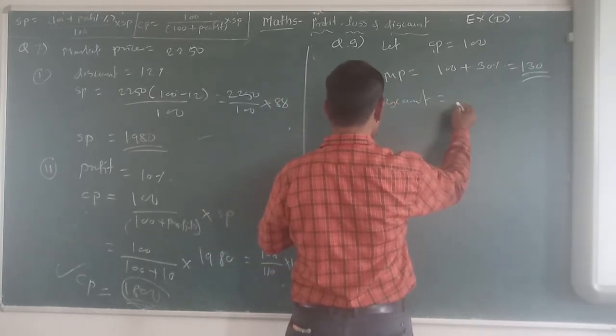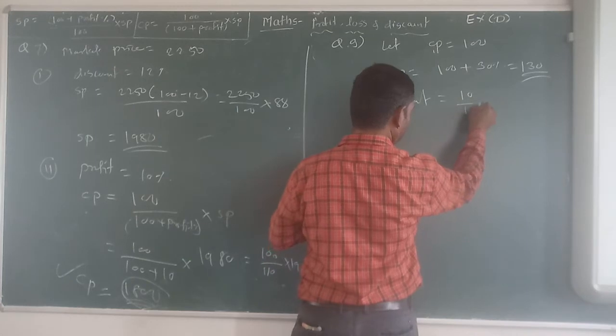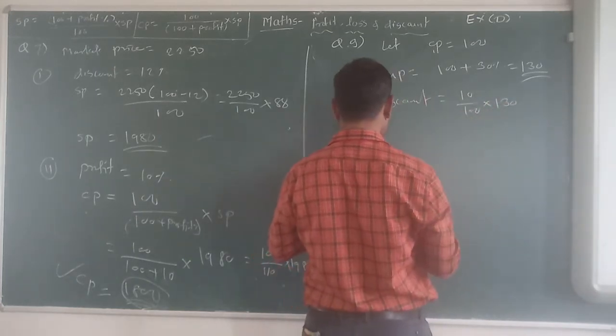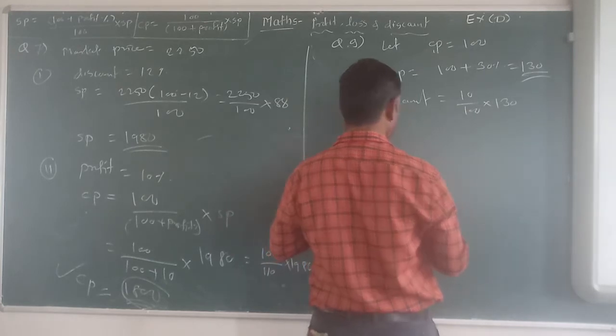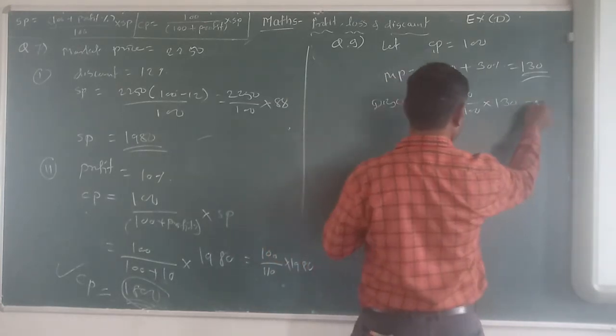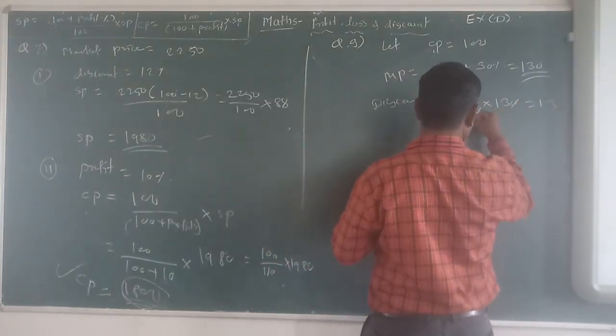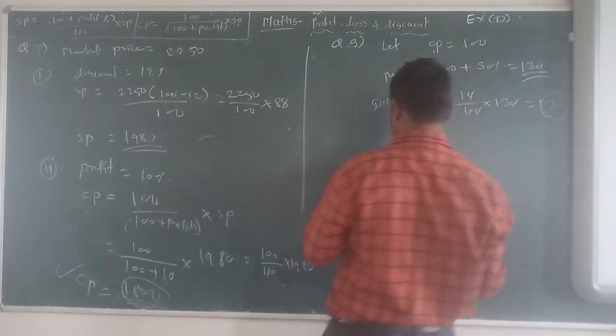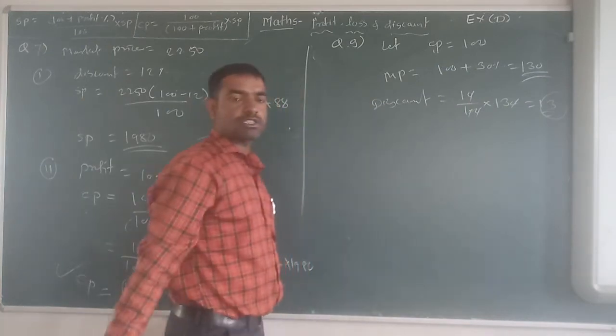So discount is equal to 10 upon 100 multiplied by 130, which will be 13. So 13 rupees is the discount.